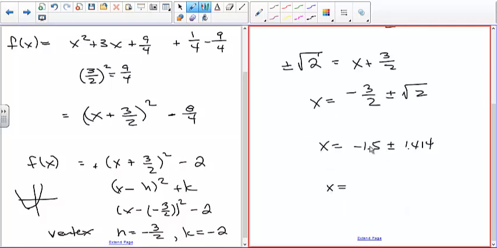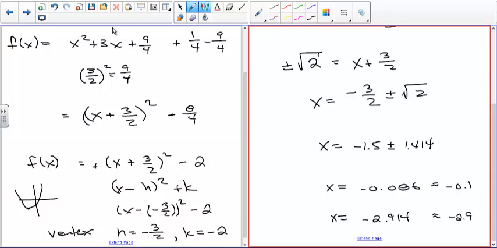If we do the positive part, we'll have negative 1.5 plus 1.414, which is negative 0.086. And when we use the negative, it'll be negative 1.5 minus 1.414, which is negative 2.914. Obviously, we're not going to plot them that close. This is approximately negative 0.1, and this is approximately negative 2.9.